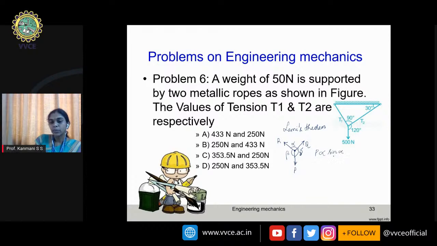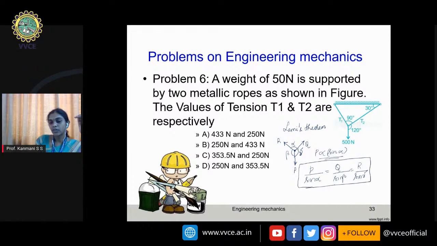So P is directly proportional to sine alpha. This is Lami's theorem. Removing the proportionality constant, I get P divided by sine alpha equals Q divided by sine beta equals R divided by sine gamma. So this is the formula we have.